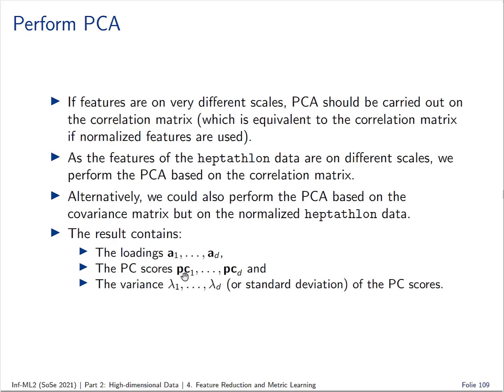The PCs are defined by the loadings and the original features, obviously. So we need the loadings for the PCs, then we get the PCs, and we get the standard deviation or the variance of these scores, which are the eigenvalues lambda 1 to lambda d. Since we have 7 features, we will get 7 loading vectors for 7 PC scores, 7 principal components with 7 eigenvalues.